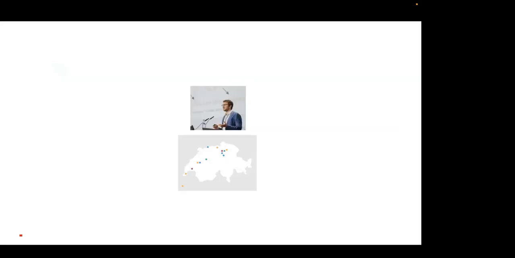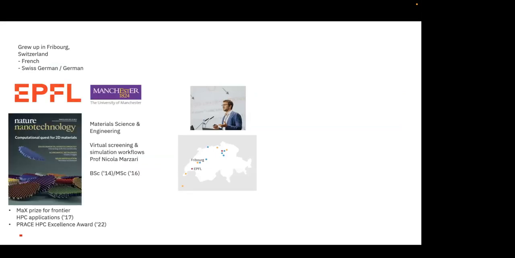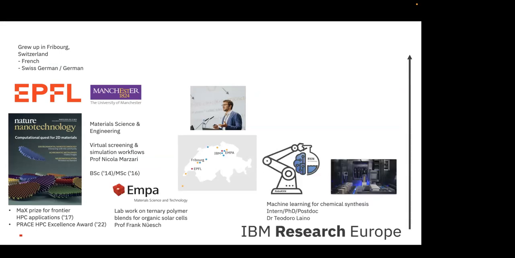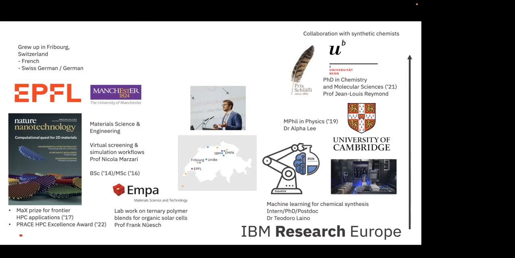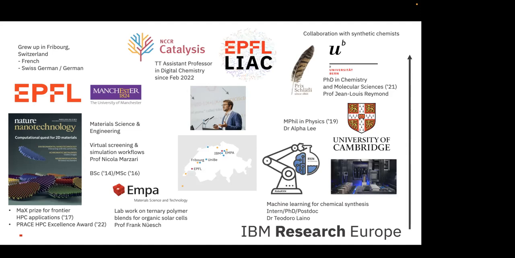Most of you have no idea who I am. I'm Philippe Schwaller from Switzerland. I did an undergrad in material science, mostly computational material science at EPFL. Then after short experimental work at EMPA, I joined IBM Research, and that's where I spent 5 years working on machine learning for chemical reactions and synthesis, doing a second MPhil in Cambridge and a PhD at the University of Bern at the same time.